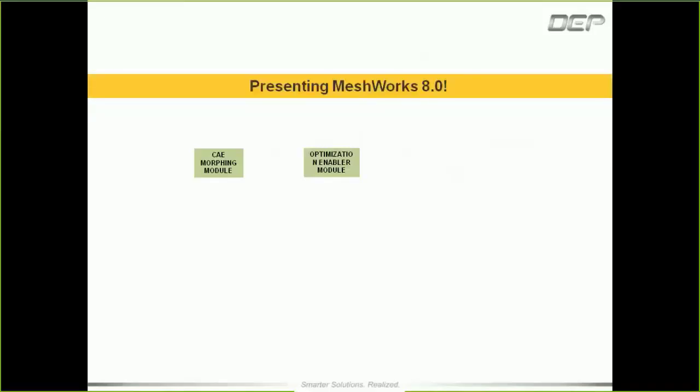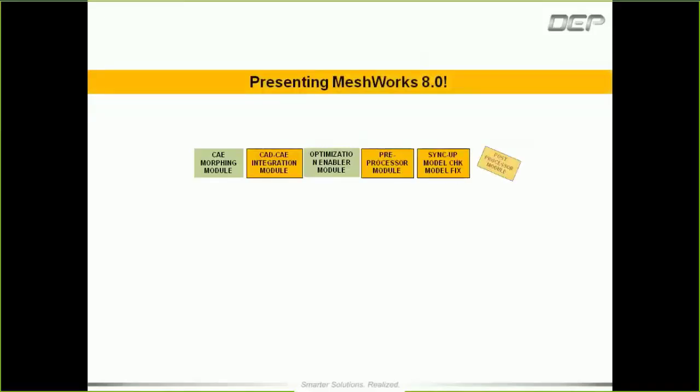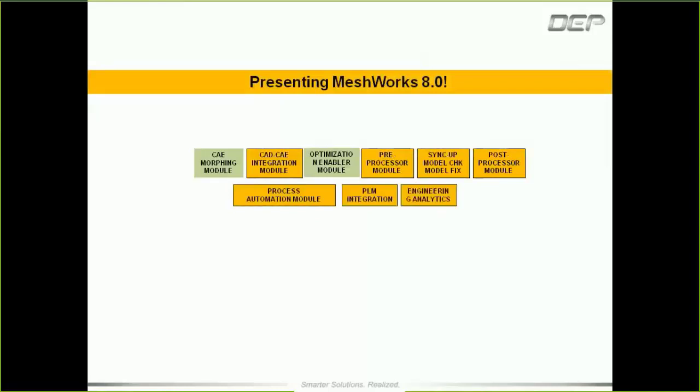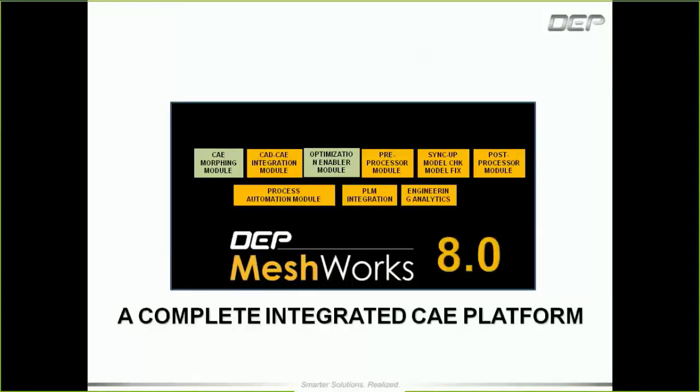Then, as part of version 8, several other important modules have been added, which include the CAD handling modules, mesh creation modules, model assembly modules and post-processing modules. And the process automation module, as you can also see here, is very key and an important pillar of MeshWorks. So with all these modules, it's a CAE platform that is ready to go and help CAE users.